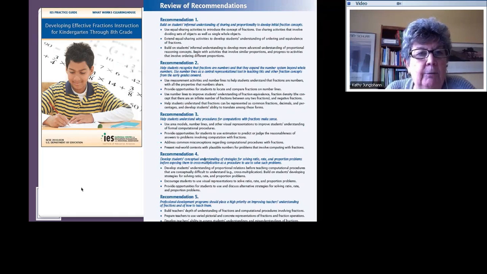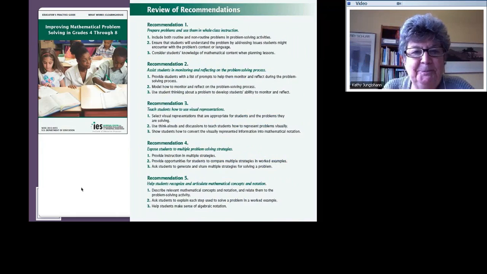And then recently, 2 more practice guides related to mathematics have come out. This one is excellent on fraction instruction for kindergarten through 8th grade. Talks about the research around the best practices on how to support kids with understanding fractions. And fractions, as you may know, is one of the more difficult areas of mathematics, and is the one that we have the most difficulty moving students towards proficiency. And then math problem solving.